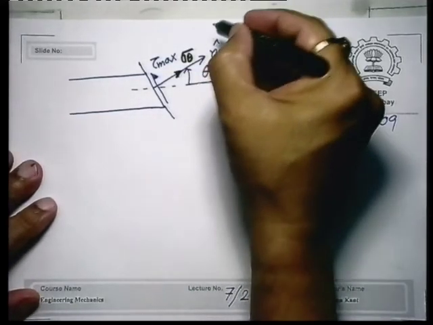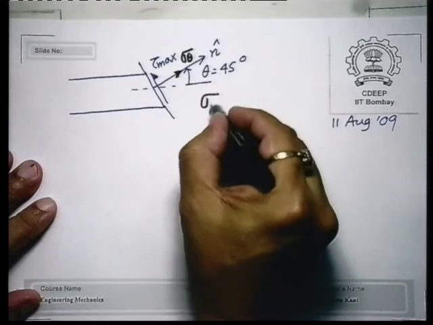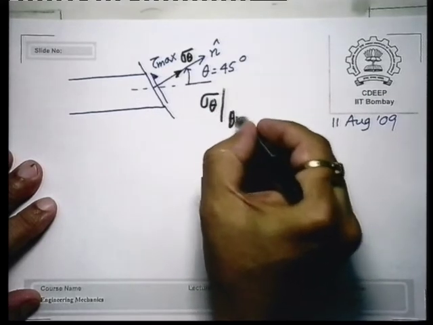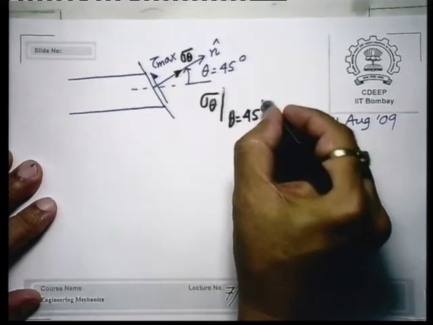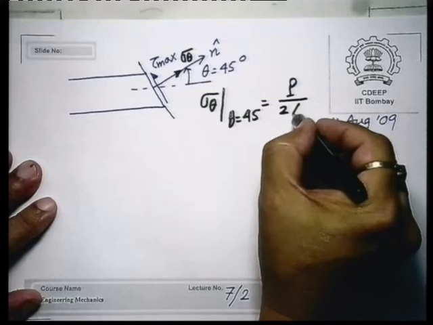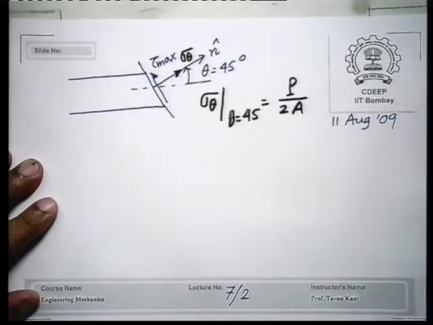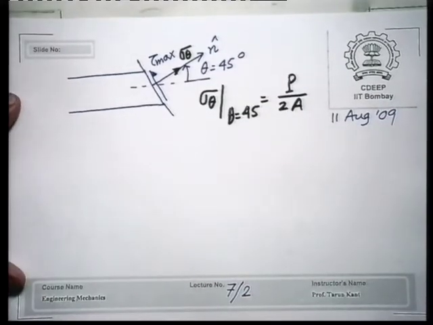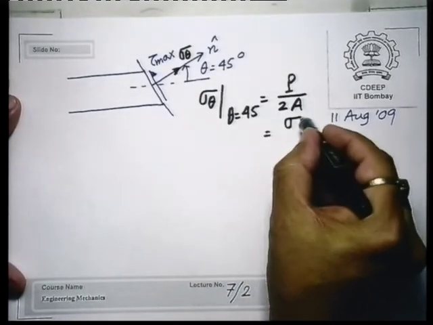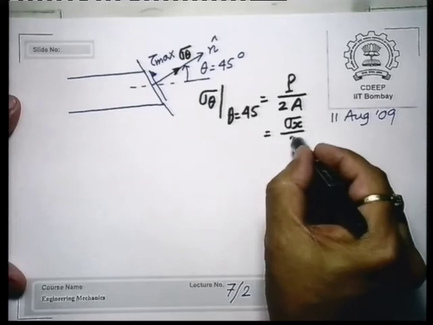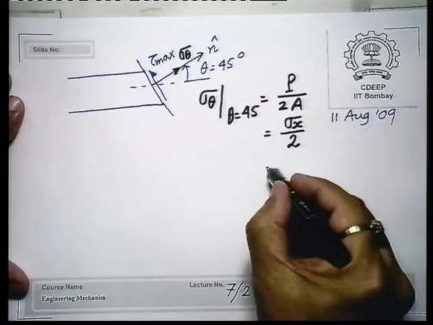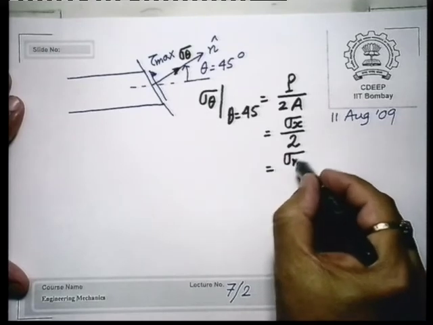So, sigma theta at theta equal to 45 is P by 2A, or maximum value divided by 2. It is half of the sigma maximum.